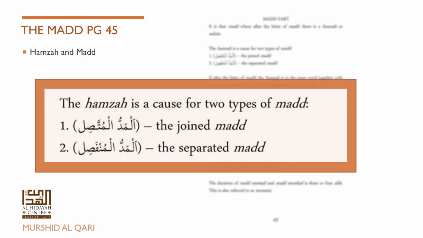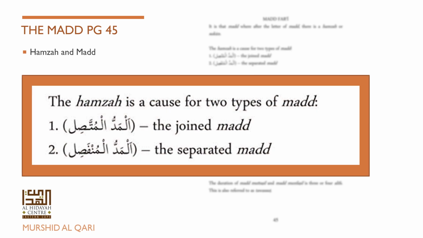The hamza is a cause of two types of mad. So here you should highlight the word hamza, or just keep this in your mind, that a hamza is a cause of two types of mad. Meaning, in the following examples, after the letters of mad, we're going to only see a hamza appearing.